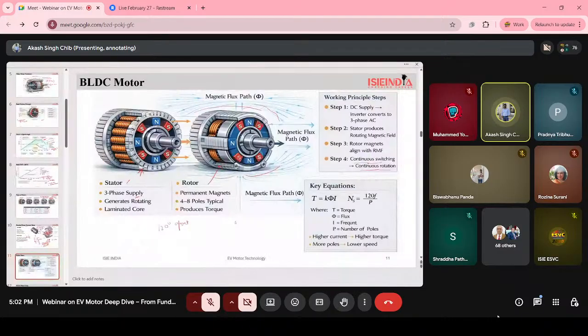I will discuss the motor control unit in depth in the next slides. This is our MCU, motor control unit. This is the brain of the motor. The motor control unit helps us in the switching of the phases inside the BLDC motor.